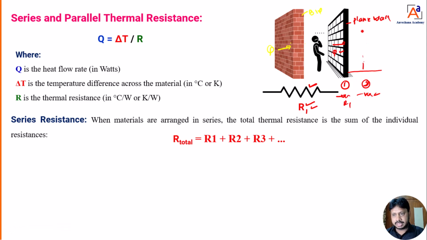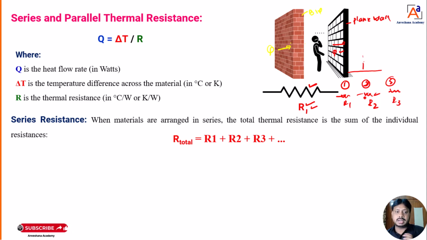The second material is going to offer some resistance, that I will mark here as R2. Material 3 is also going to offer some resistance, that I will mark here as R3. That means there is a series of plain walls I kept, through which the heat is going to transfer. Those plain walls are all going to offer some resistance. That resistance I can call as the resistance offered in series, or we can say series thermal resistance.